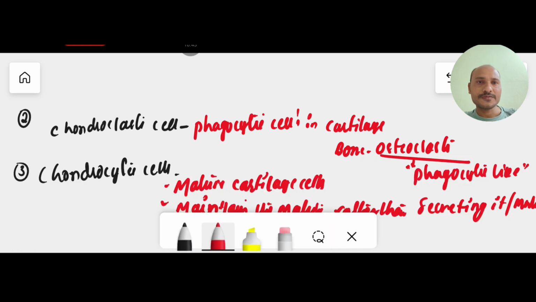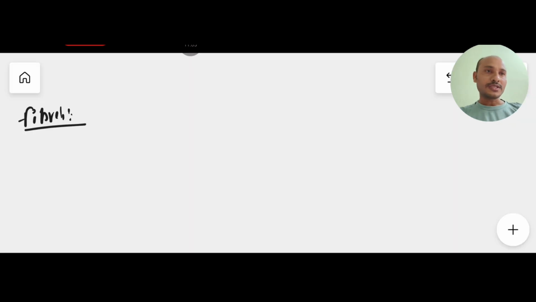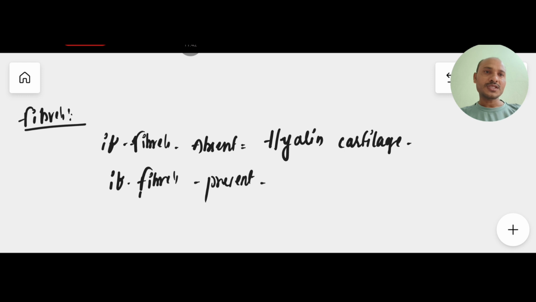Now coming to fibers, the different types of fibers present in cartilage. Based on the presence or absence of fibers, we have different types of cartilage. If fibers are absent, such cartilage is called hyaline cartilage. It is the most abundant cartilage in the human body. If fibers are present, then we have two types.